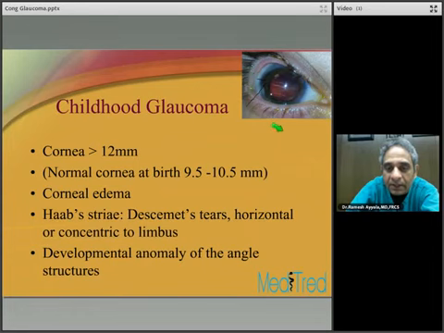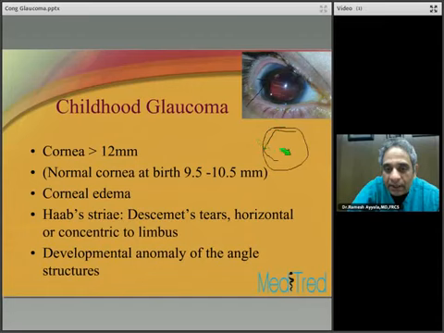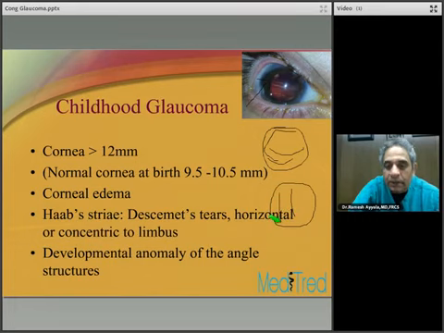Now this is in contrast to, so the Haab striae run like this, right? Okay, this is in contrast to Descemet tears that happen in a traumatic fashion because of forceps injury, and those are vertical in nature.